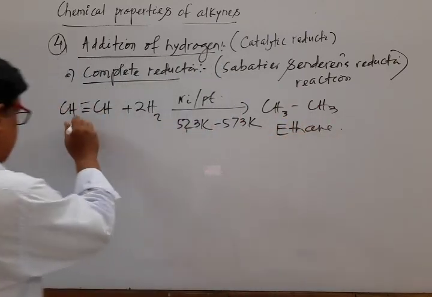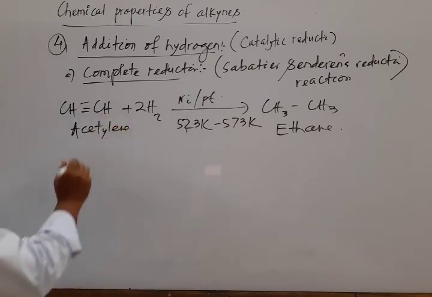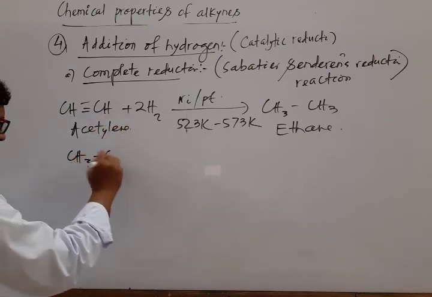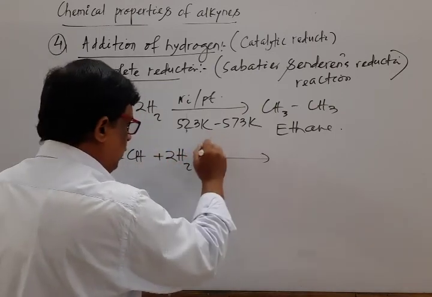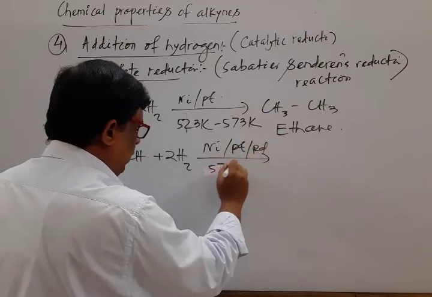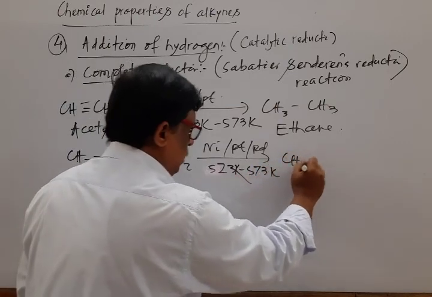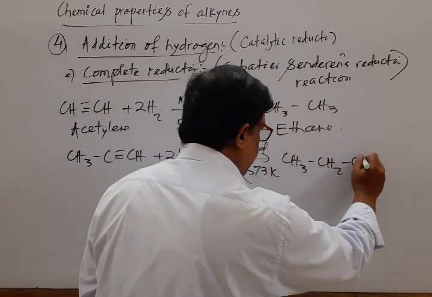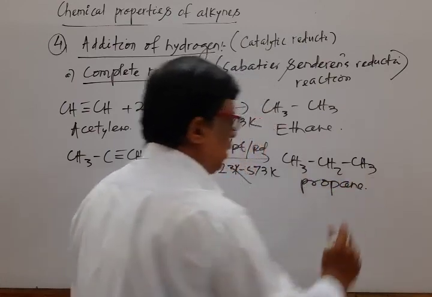It is acetylene. If we select the next member, that is propyne, it gives, with nickel or platinum or palladium at 523 Kelvin to 573 Kelvin, propane. It is known as propane.